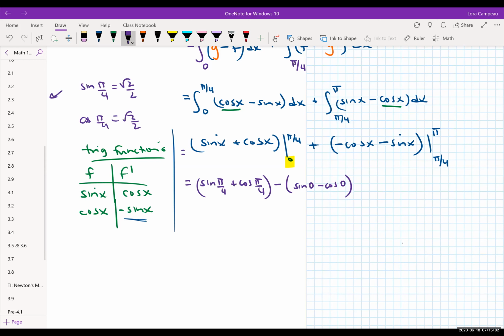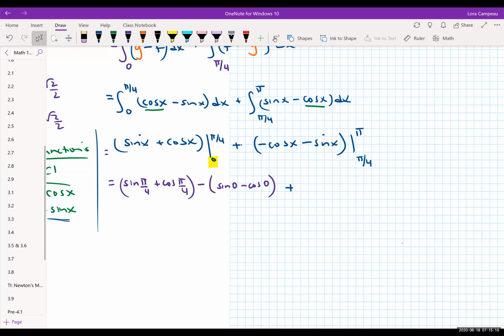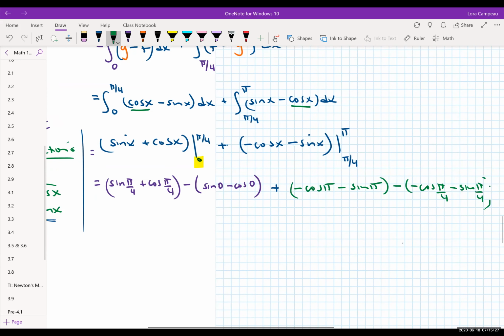That's the first piece. I have plus the second piece, area 2 or region 2. I have negative cosine pi minus sine pi. I'm going to subtract off negative cosine pi over 4 minus sine pi over 4. There we go.